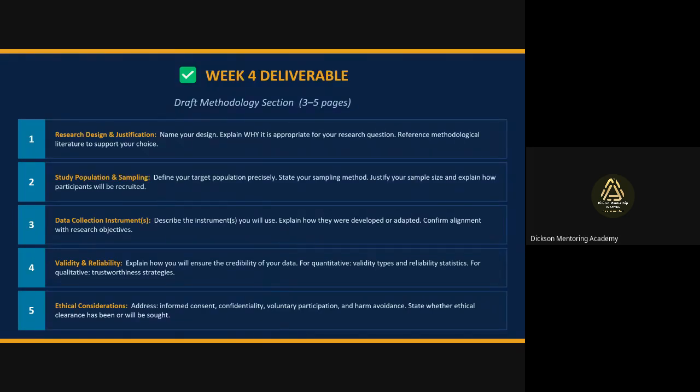Five, ethical consideration. Address informed consent, confidentiality, voluntary participation, and harm avoidance. State whether ethical clearance has been or will be sought.